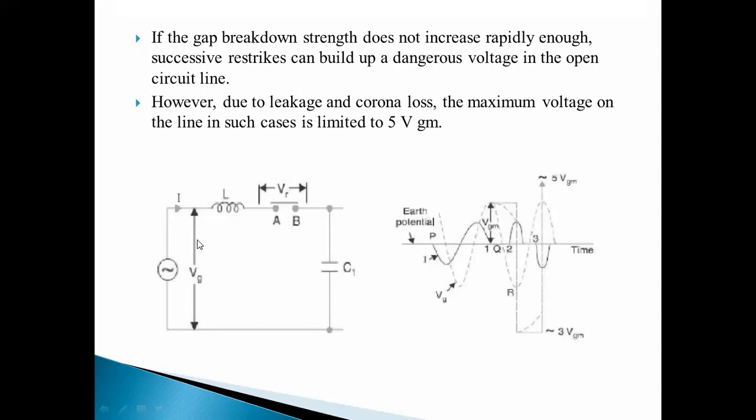Now there is no load connected, right? So this voltage becomes more, and it becomes up to 2 VGM, but it is in the negative direction. Here point R is shown, so the total voltage becomes 2 VGM here.